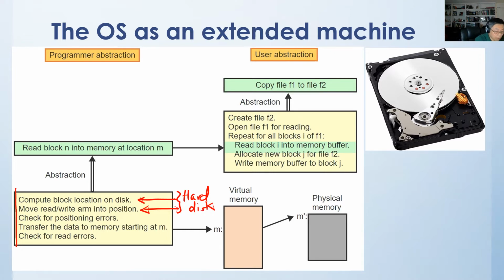If you look at the picture on the right side, this is a typical hard disk, which consists of a magnetic disk. All the data are stored on the surface of this magnetic disk, and each disk consists of a whole bunch of circles.